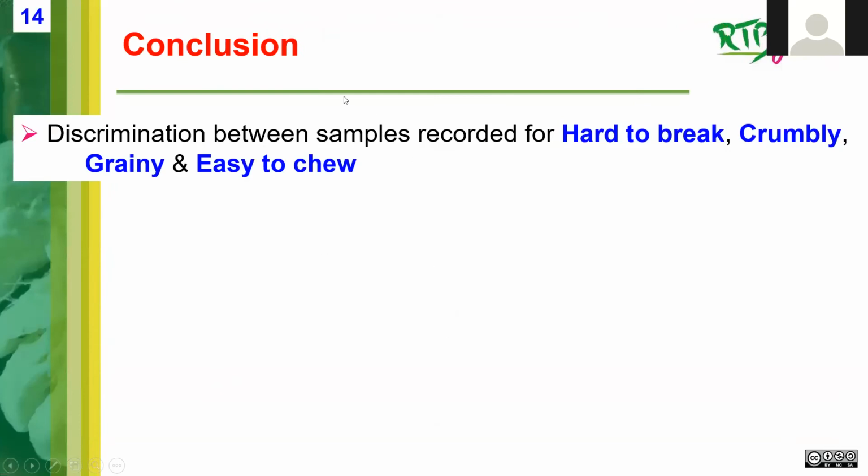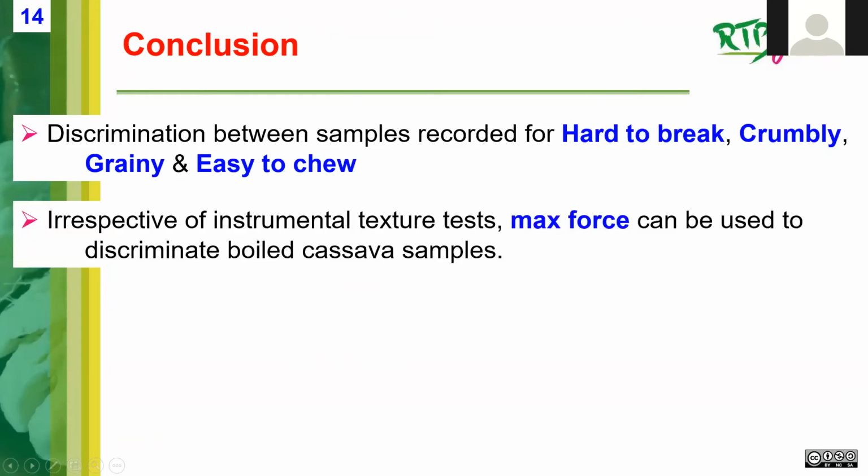From this presentation, we can conclude that discrimination between samples was recorded for the descriptors hard to break, crumbly, grainy, and easy to chew. And also that irrespective of the instrumental texture evaluation method, max force can be used to discriminate boiled cassava samples.